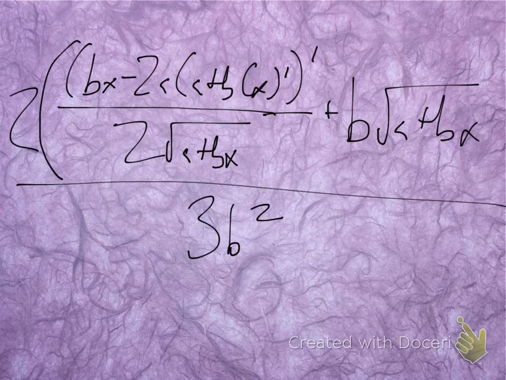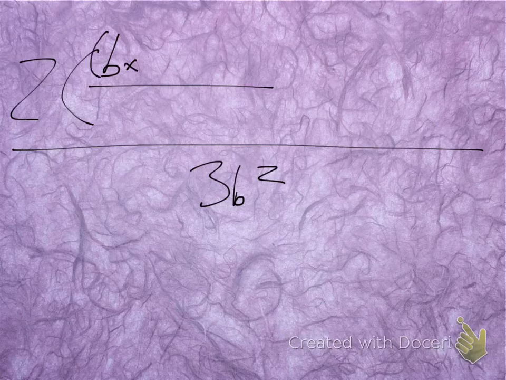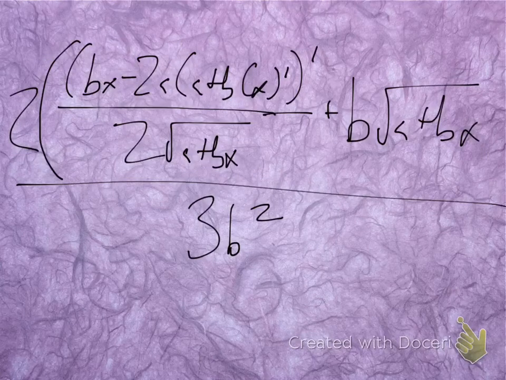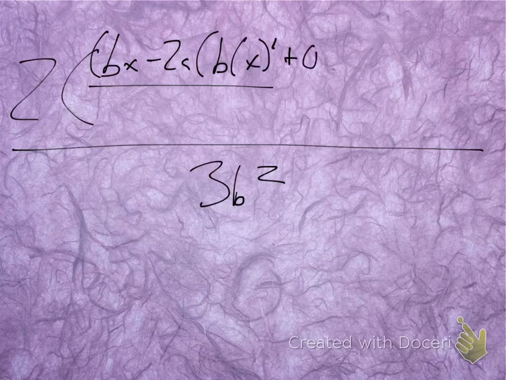We need to go ahead and let a be a constant and equal 0. So that's going to, okay, great. This is finally going to start making things a little nicer. Looking, well, not by much, but okay. So if the derivative of a is 0, then all of this can just go to 3b squared on the bottom. 2 times bx minus 2a times b times, okay, x prime plus nothing.